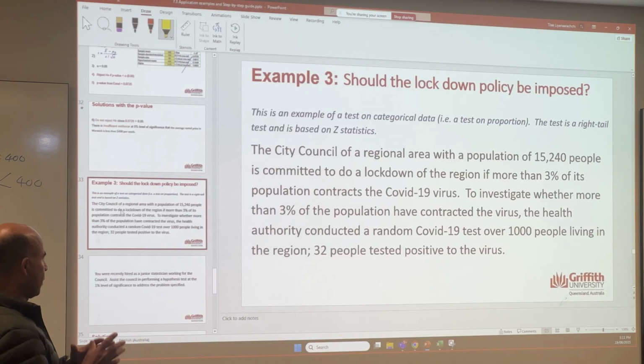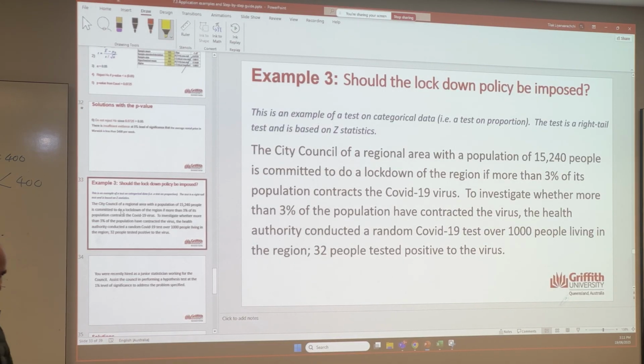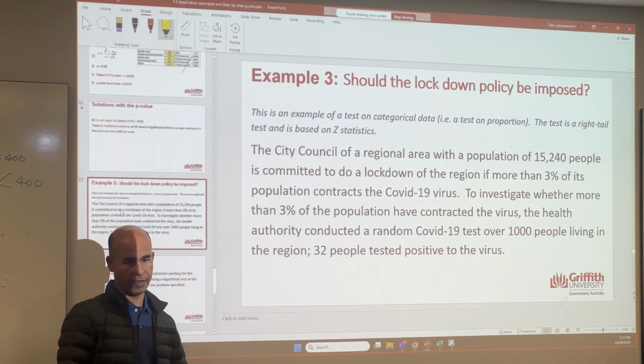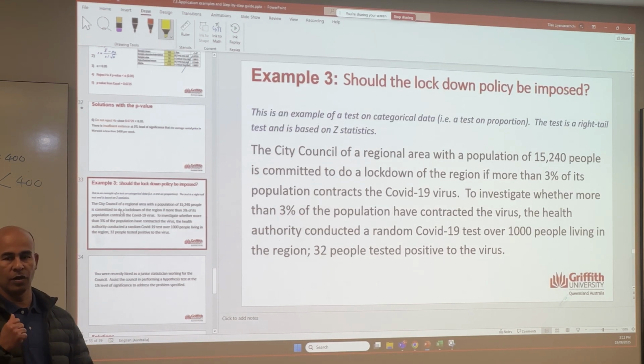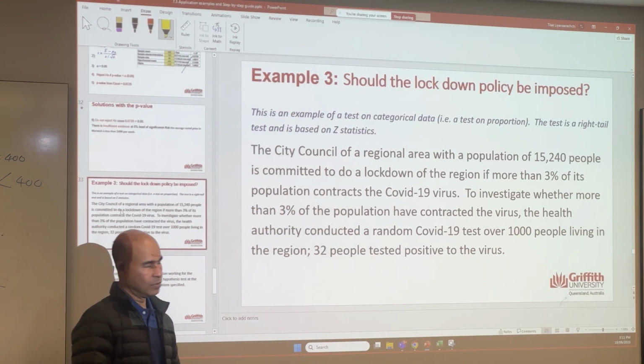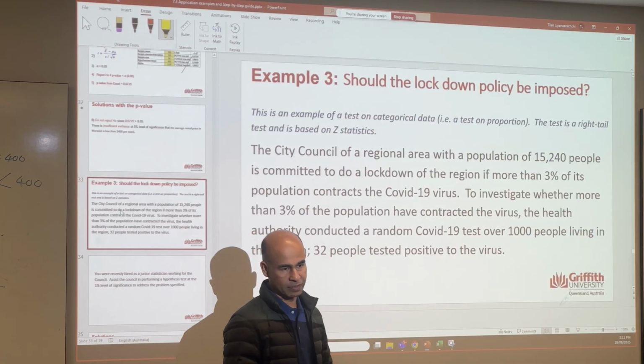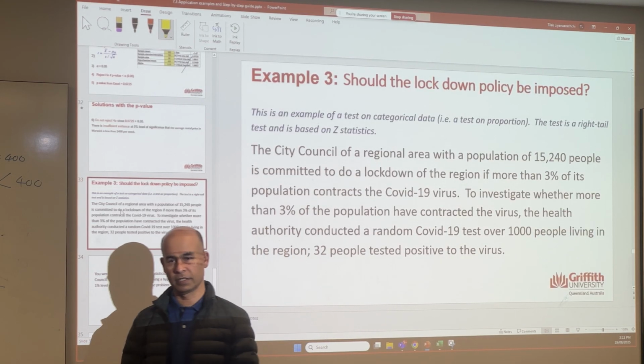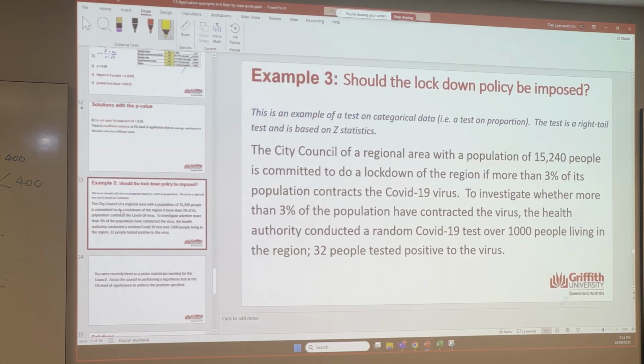So how do they do it? They have to test. They take 1,000 people and test for COVID-19, and they found 32 people got the virus. Then what are you going to do? Going for lockdown or not?